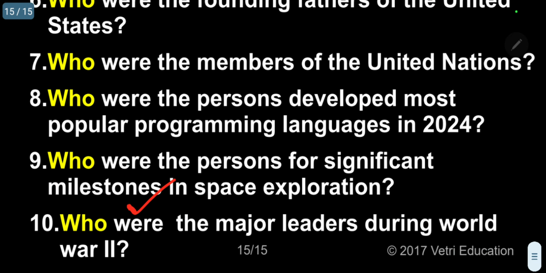There are still remaining auxiliary verbs: do, does, did, has, have, had, shall, will, should, would, can, could, may, might. So that I will discuss in the next class.